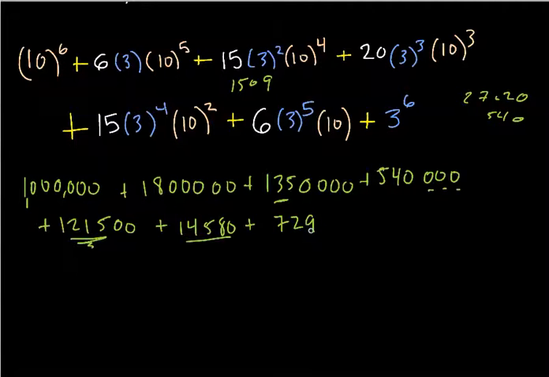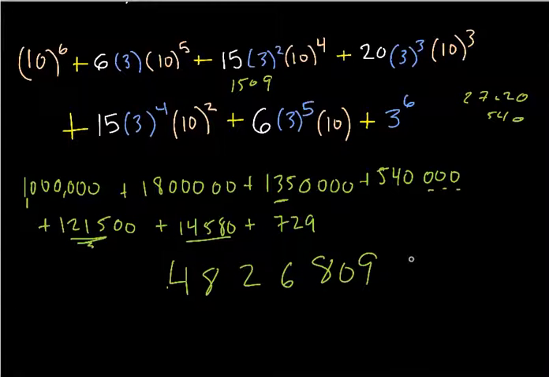Plus 18 million, or 1,800,000. These are getting a lot of numbers here. Plus a million. 1, 2, 3, 4, 5, 6. And the number I come up with doing that on my calculator is 4,826,809.